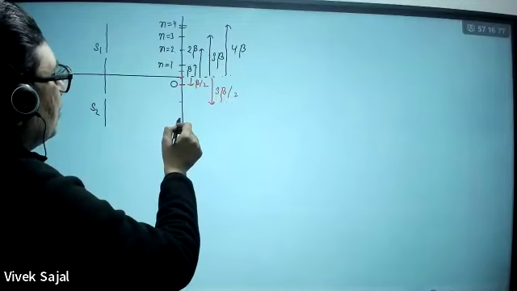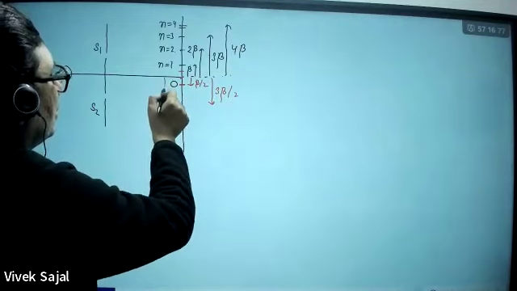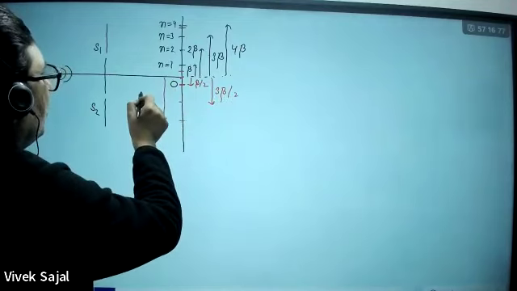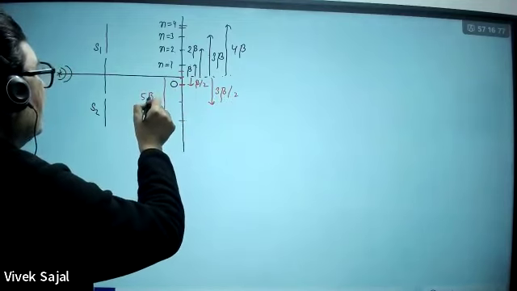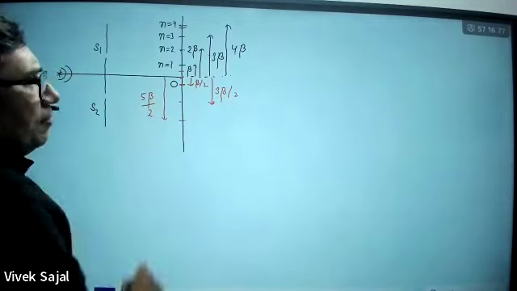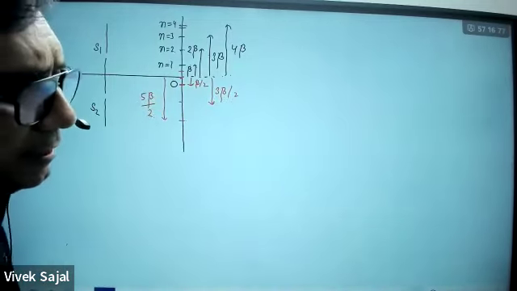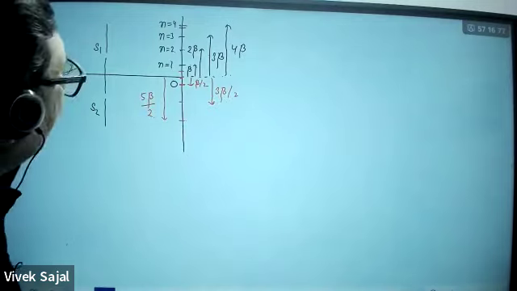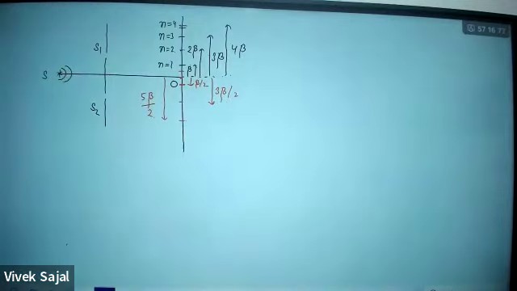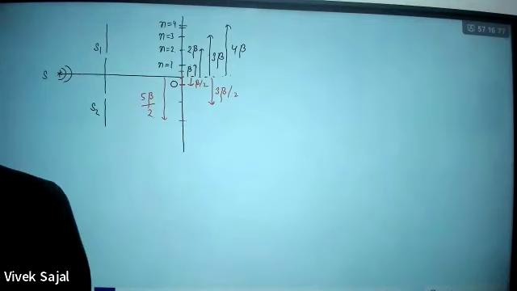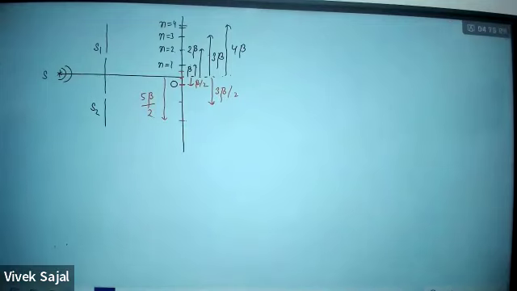Then for the third order, this will be 5 beta by 2. It will make calculations very easy. So you are going to think in terms of beta, which is called the fringe width.